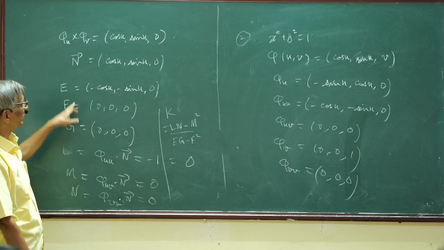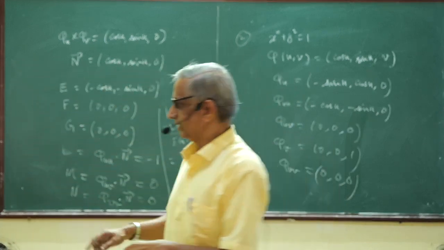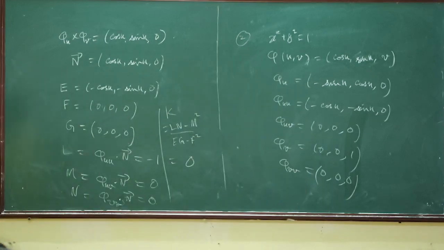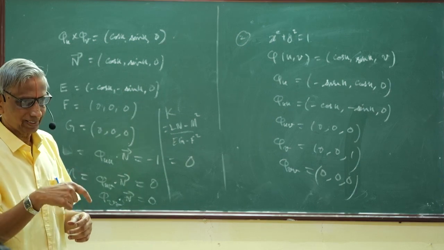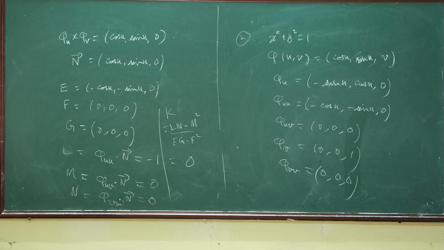So what I have written is something absurd, right? What is E? You have to take dot products. It's not a vector. So what did we write in the beginning today?